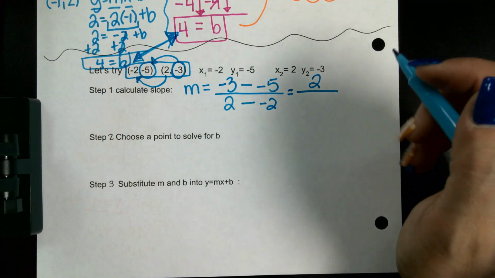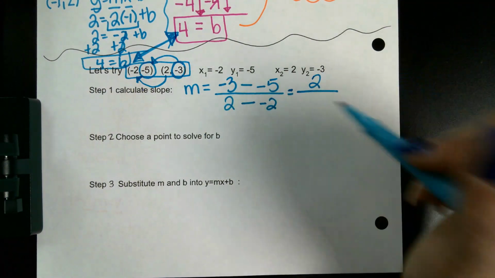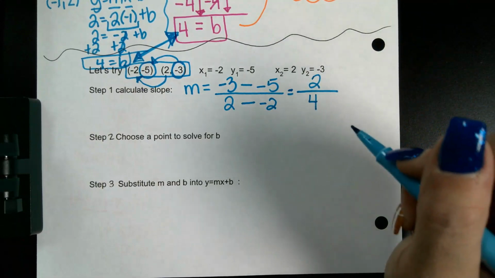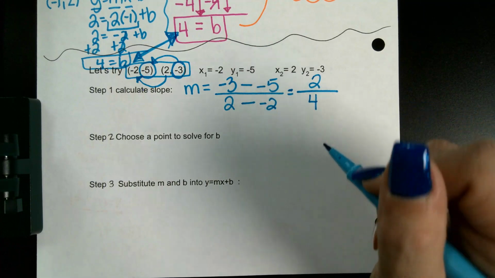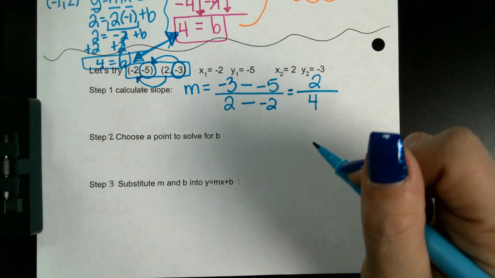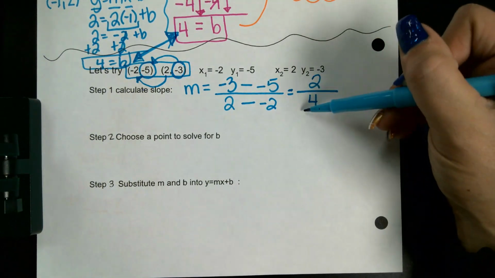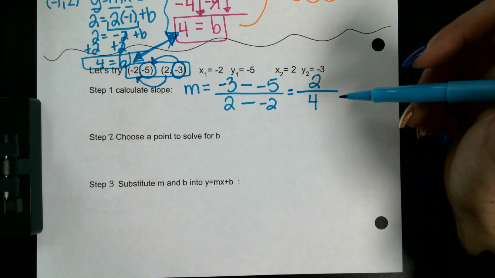Yep. Then on the bottom, 2 minus negative 2 is 4. If you did it the other direction, negative 2 minus 2 would be negative 4. So you either have 2 negatives or 2 positives based on which way you went.